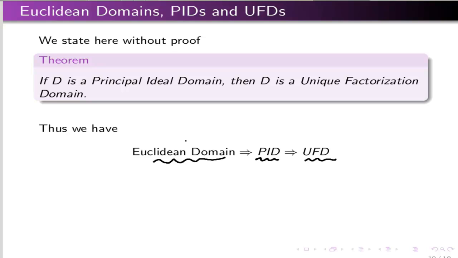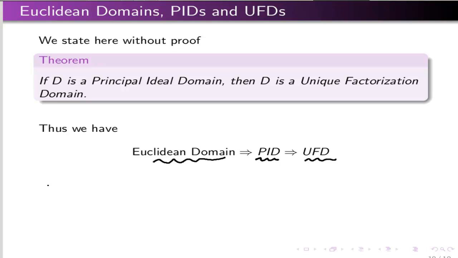So you might ask, are there UFDs that are not PIDs? And are there PIDs that are not Euclidean domains? And the answer is yes to both of these questions.